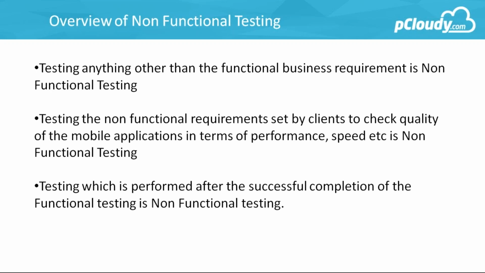Unless the functionality of a product is tested, there is no point in even thinking about any other testing. That's the reason that in most cases we ignore non-functional testing. So functional testing is indeed the most important and primary testing.